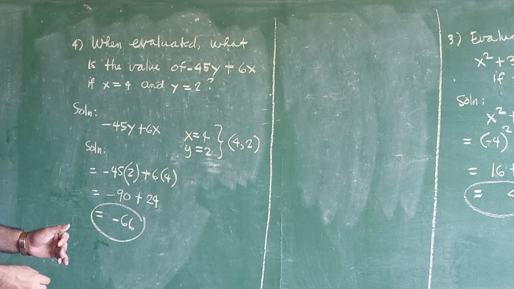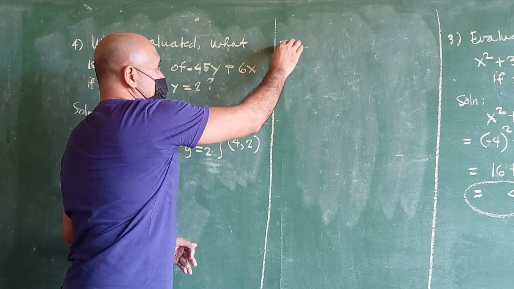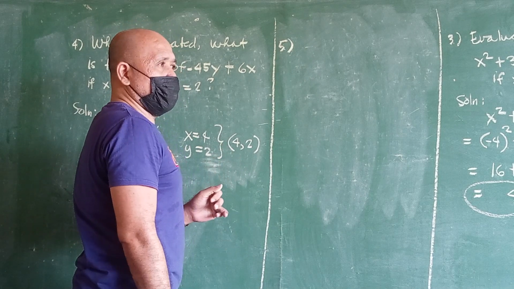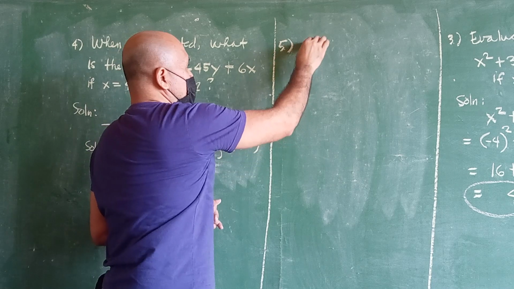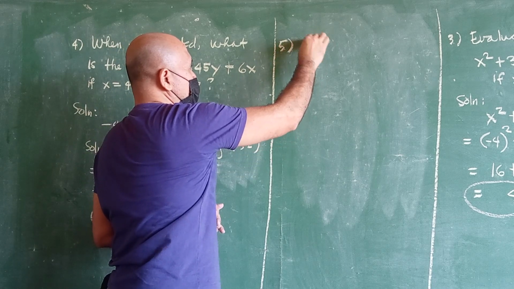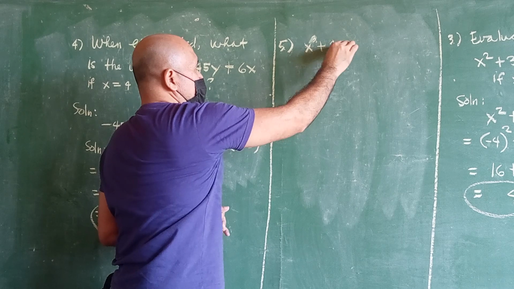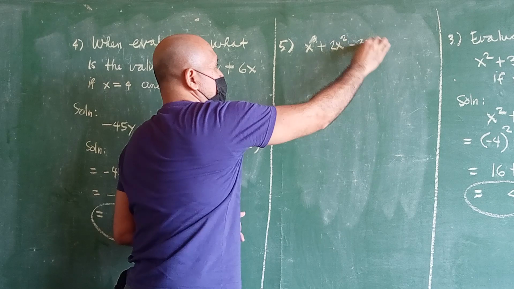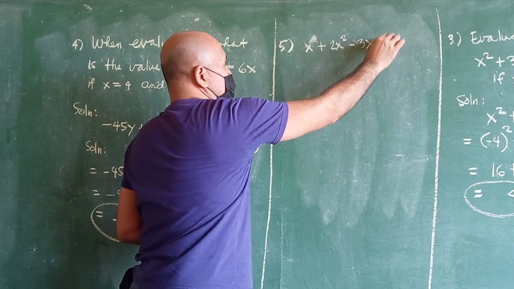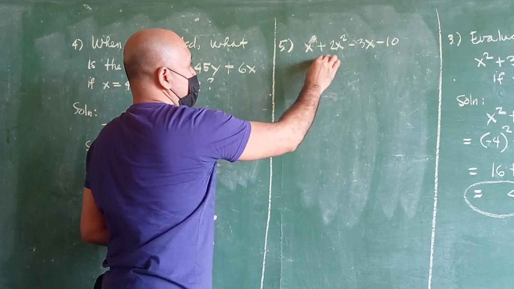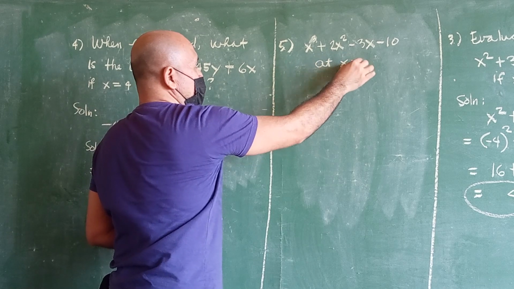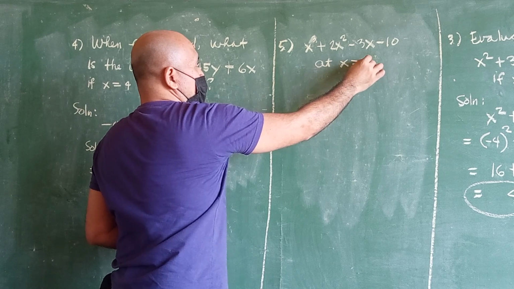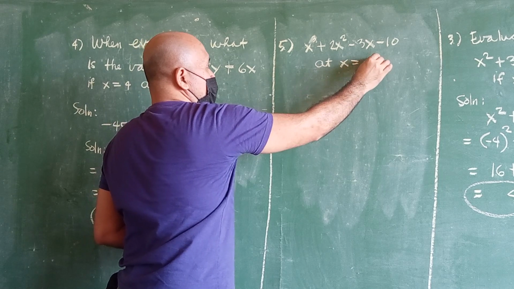Okay, perhaps we will have one more example before we end this review. So, for example, we have x cubed plus 2x squared minus 3x minus 10, at x is equal to negative 2.